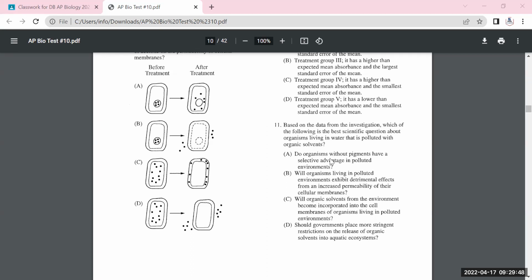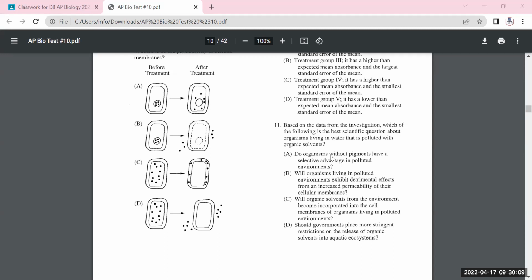Do organisms without pigments have a selective advantage in polluted environments? We really did not test this. We did not look at this question at all. Okay, part B. Will organisms living in polluted environments exhibit detrimental effects from an increased permeability of their cellular membranes?